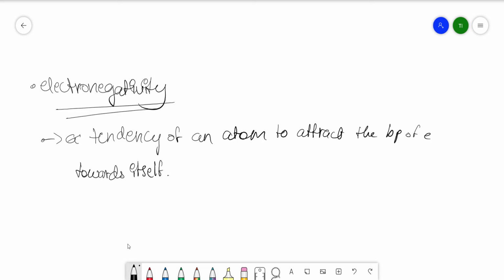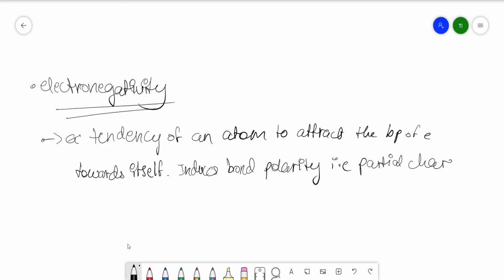Okay, that's what electronegativity is. This induces bond polarity, otherwise known as partial charges.